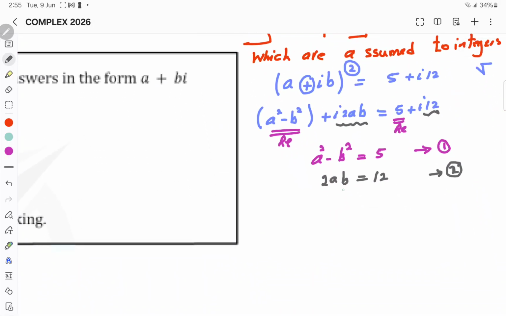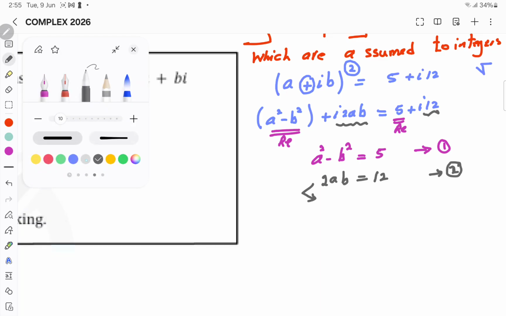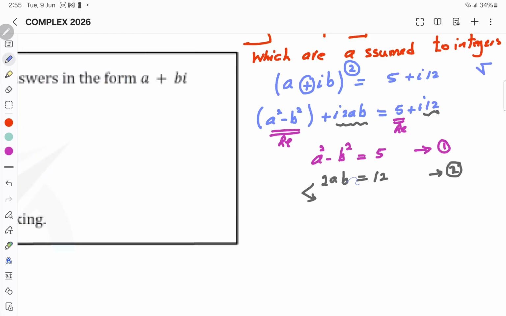Now, we always start from the second equation as we did before to find the value of a or b as you like. So I will try to find the value of b. It's equal to 12 divided by the coefficient of b, so, sorry, 2a. We just divide by 2, it will be 6.